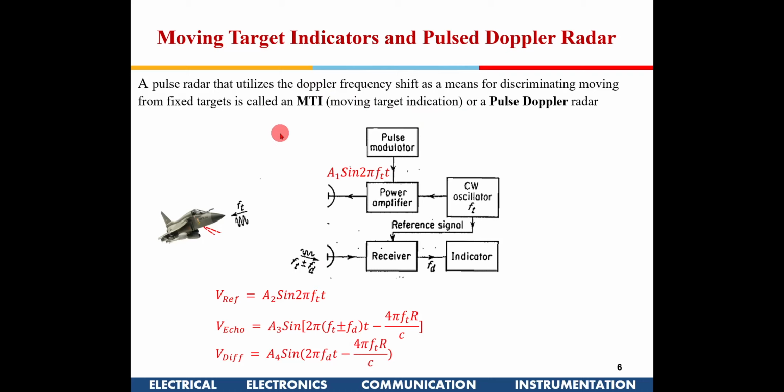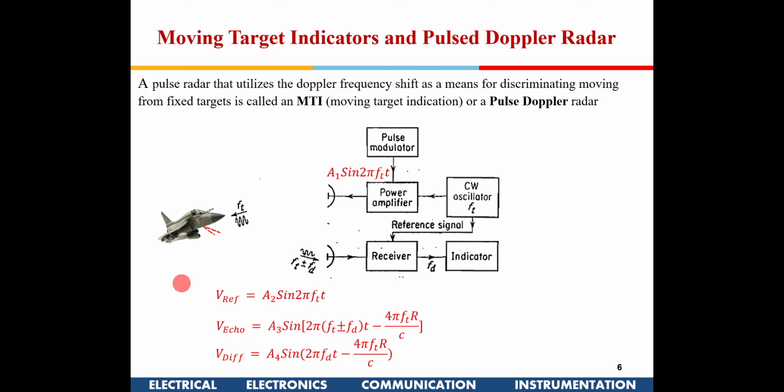Essentially, the echoes from the stationary objects clutter the scope. They can confuse the operator, with so many unnecessary blips on the scope.